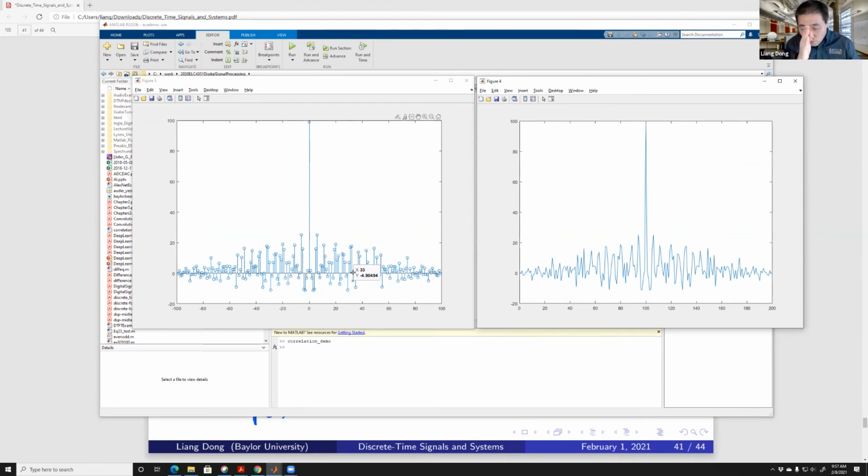It gives you one unit of energy in the middle, and across the other lags they are all zeros. On the right, the picture is the same. I'm just doing the convolution, and it shows exactly the same result. I got a peak when the lag is equal to 0.